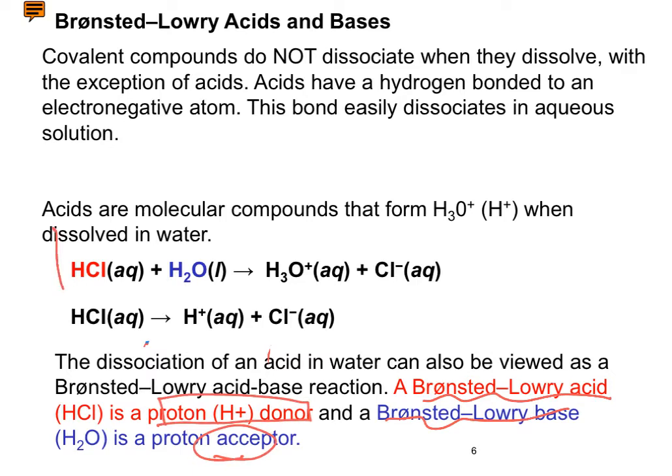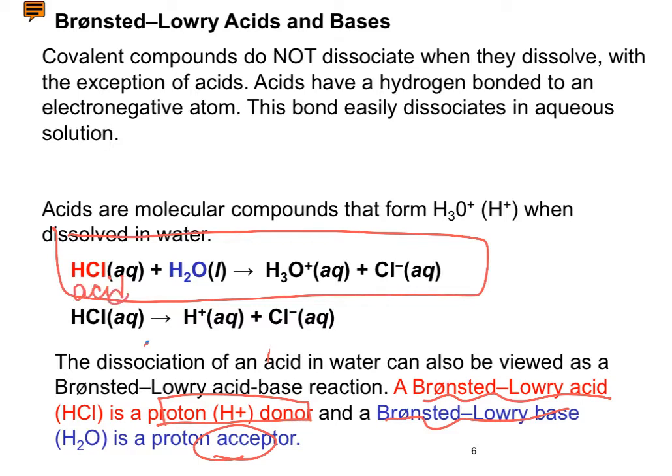So if you go back to the dissociation of an acid in water, the Bronsted-Lowry acid is HCl, because we know it donates a hydrogen ion. The Bronsted-Lowry base is water, because you can see here, water is what accepted the hydrogen ion. So be able to identify acids and bases if you see a reaction written out.